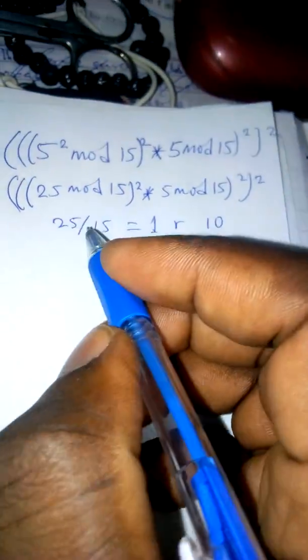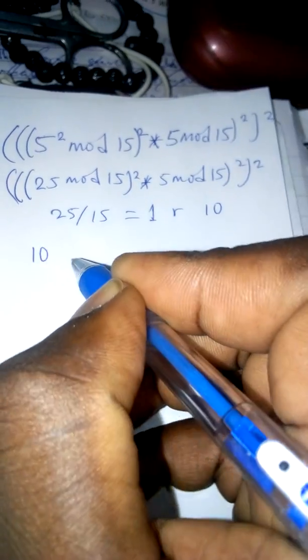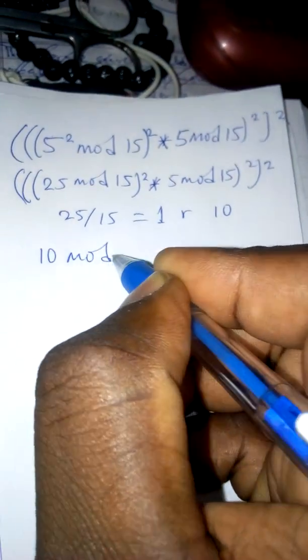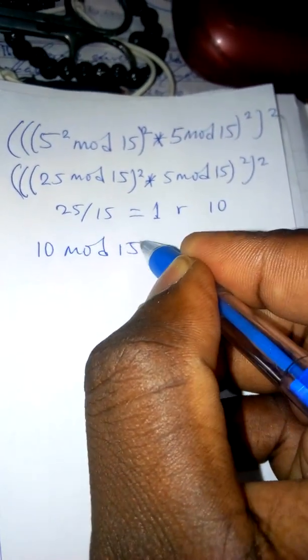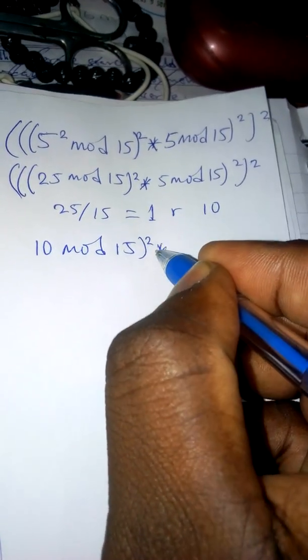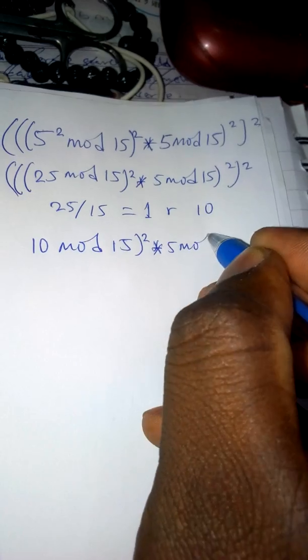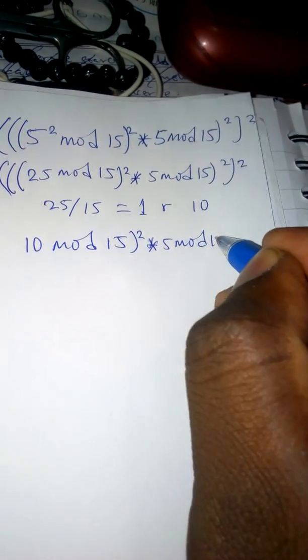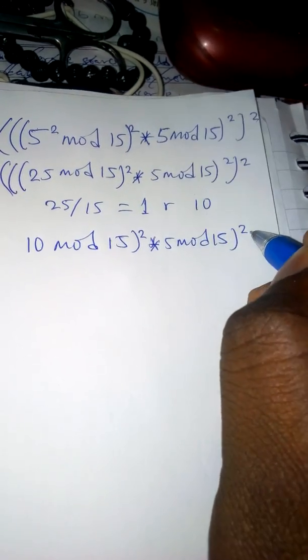So we're going to use 10 here, mod 15, squared, times 5 mod 15, squared, squared, and close again.